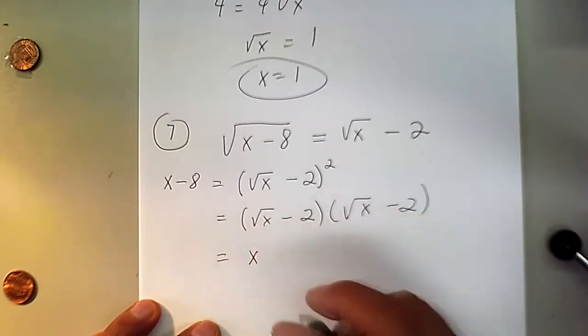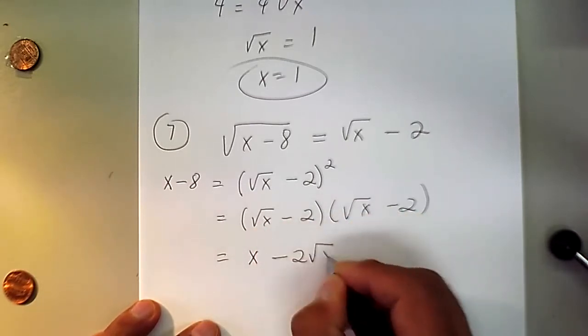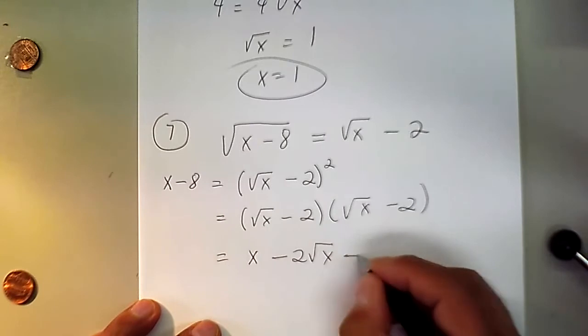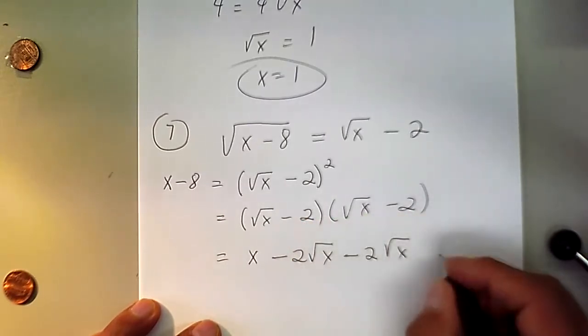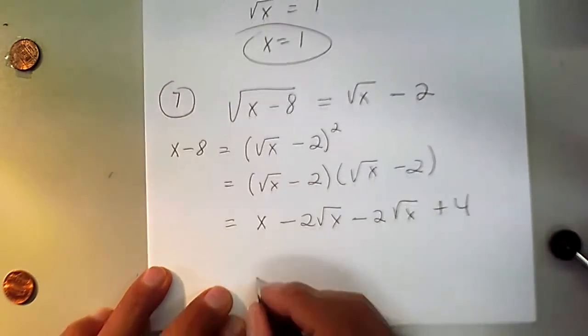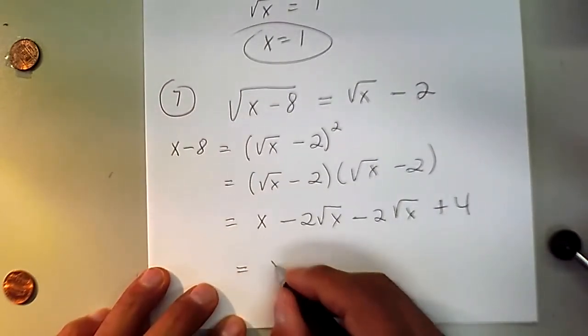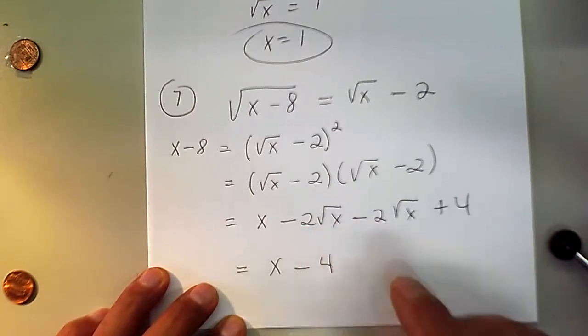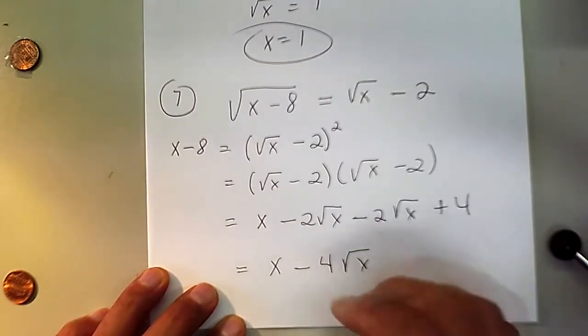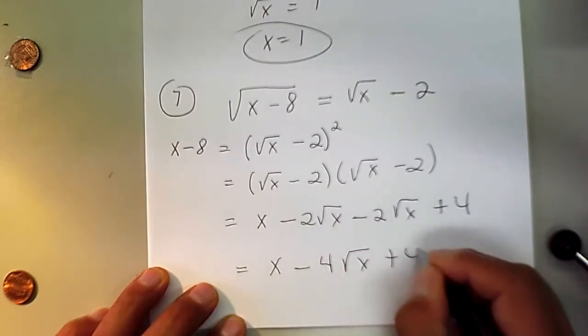The outer terms minus 2 root x. Inner terms minus 2 root x. Last terms plus 4. So that is x minus 4 because we got subtracting and subtracting again. So 2 and 2, and then 4 again.